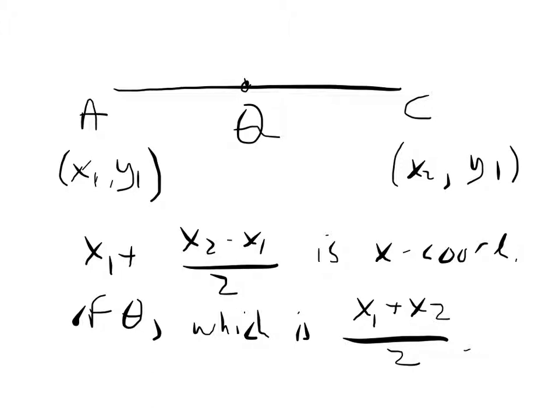Divide that by 2 since Q is a midpoint, so that's (x2 minus x1) over 2. Add that to the X coordinate of A, which is x1. So my X coordinate of Q, when I simplify, is (x1 plus x2) over 2, and that X coordinate of Q is also the X coordinate of M, so M's X coordinate is (x1 plus x2) over 2.